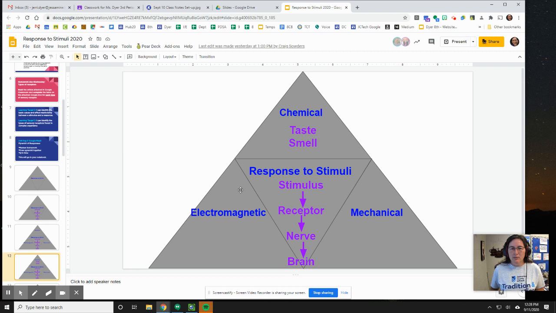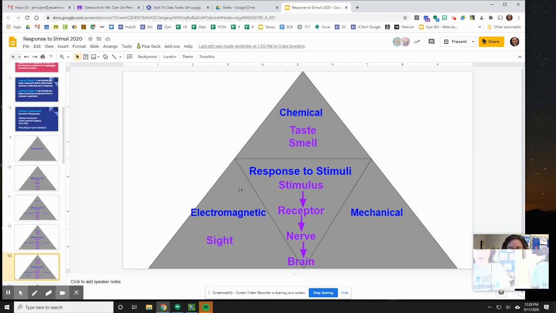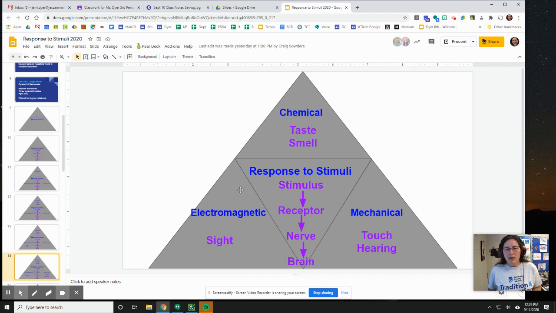That's taste and smell. What about electromagnetic? That's sight. And finally, what about mechanical? What are the two that are left? That would be touch and hearing. This all needs to go into your pyramid, so you can pause if you need to catch up to where we are right now.